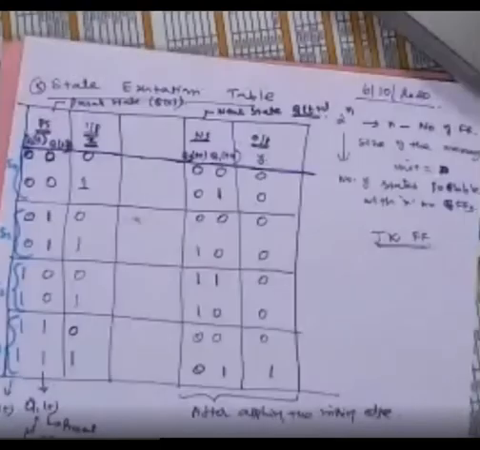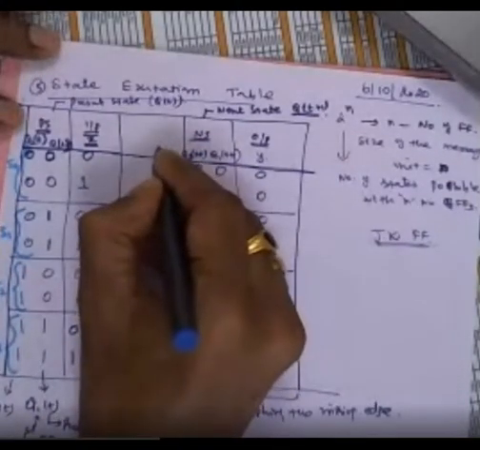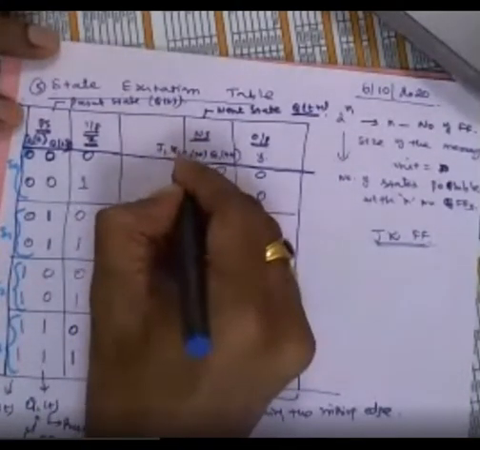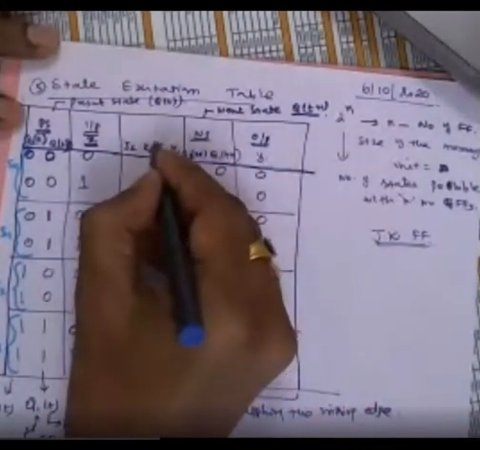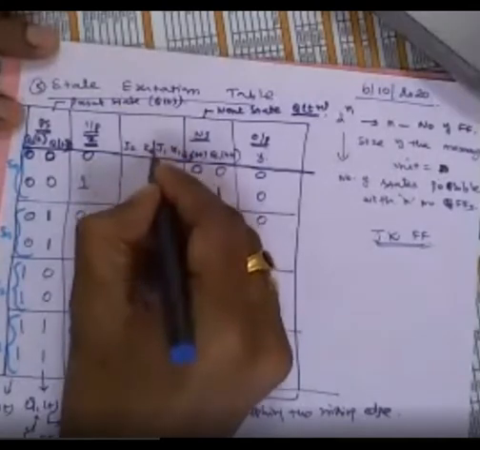Since we have specifically mentioned the JK flip-flop, obviously there will be two flip-flops. Then here J1 K1 and J2 K2.